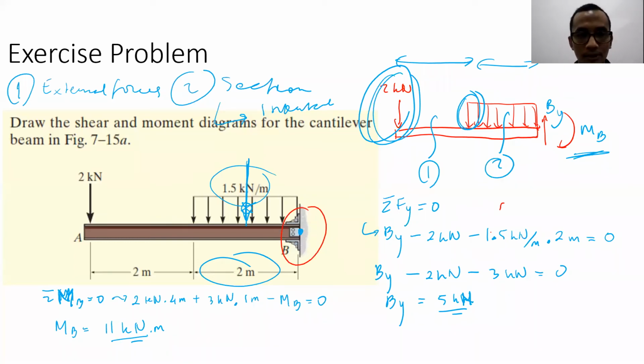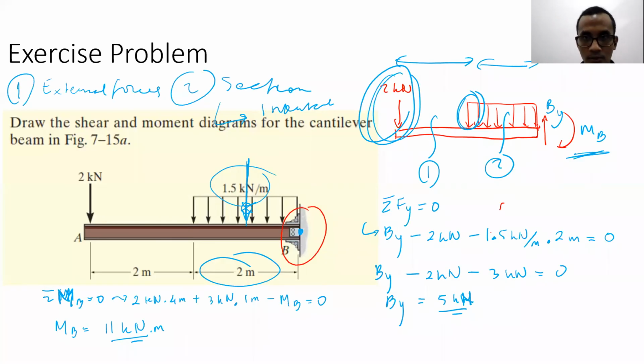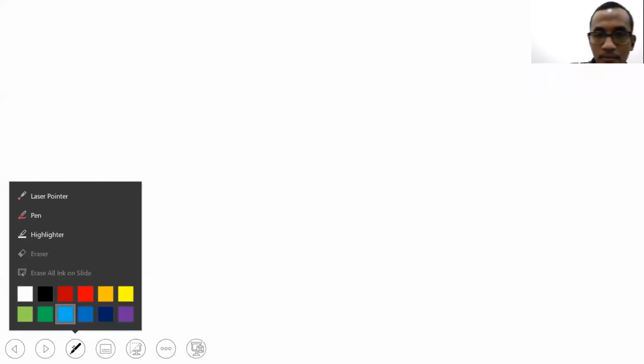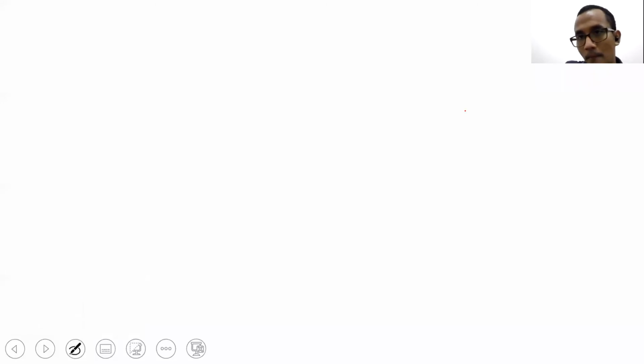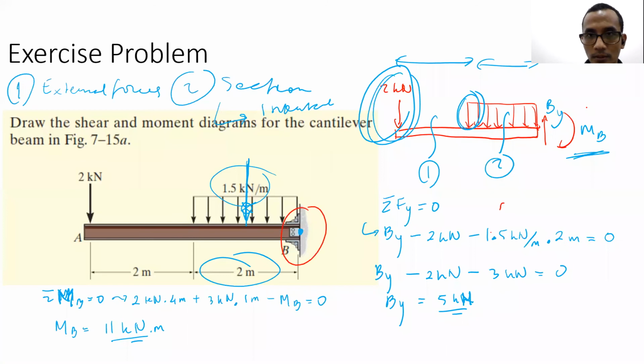Now I will redraw again: 2 kilonewton, 1.5 kilonewton per meter, 5 kilonewton going up, 11 kilonewton meter. Okay. So this is our free body diagram. Just now we have 2 kilonewton going down.